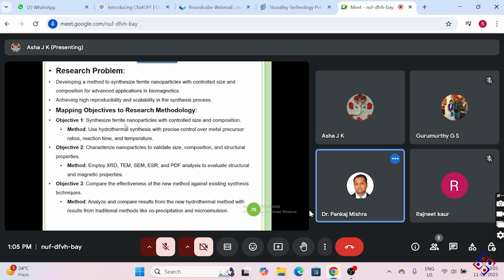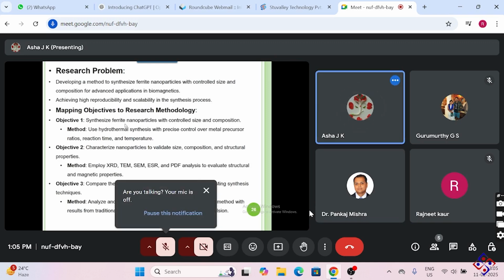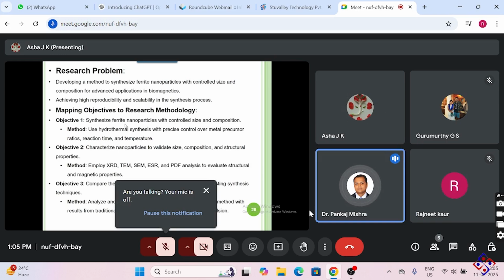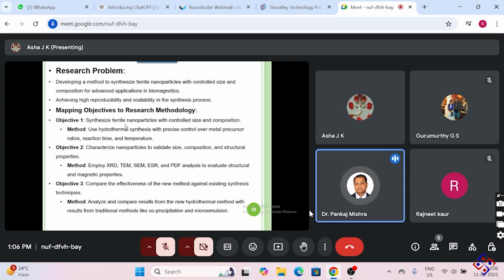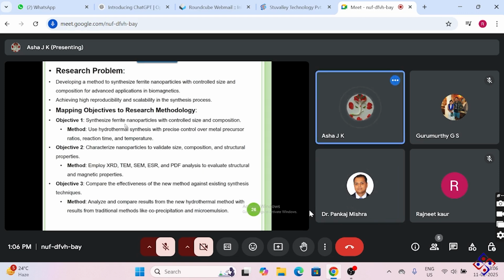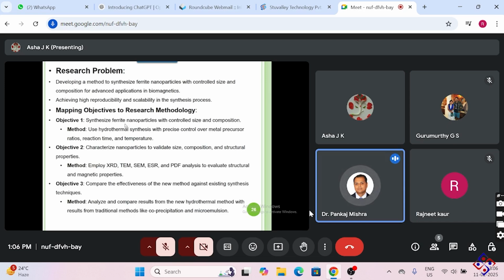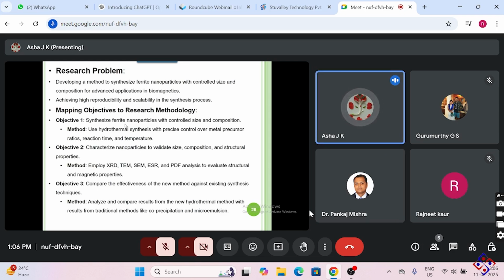So for whatever equipment and machinery you are using, you first have to identify where it actually is, what its specifications are, and what type of testing it does. Do you have any idea how to prepare a nanoparticle specimen for experimentation over XRD? No, sir, I only studied it in theory.